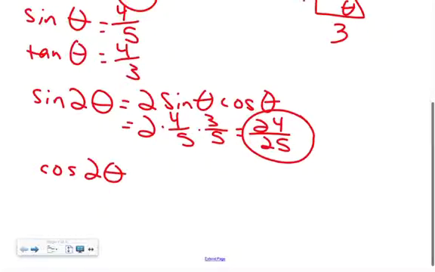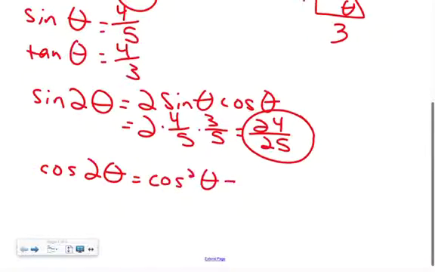The cosine of 2 theta is cosine squared minus sine squared, or 2 cosine squared minus 1, or 1 minus 2 sine squared. Dealer's choice. Pick one. I'm going to use the first one.